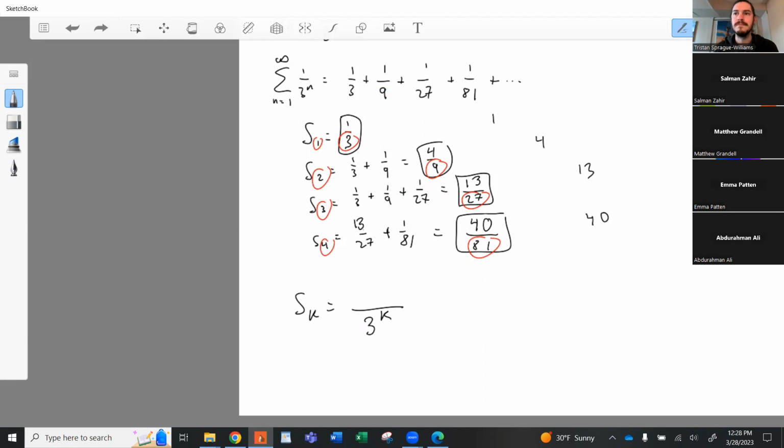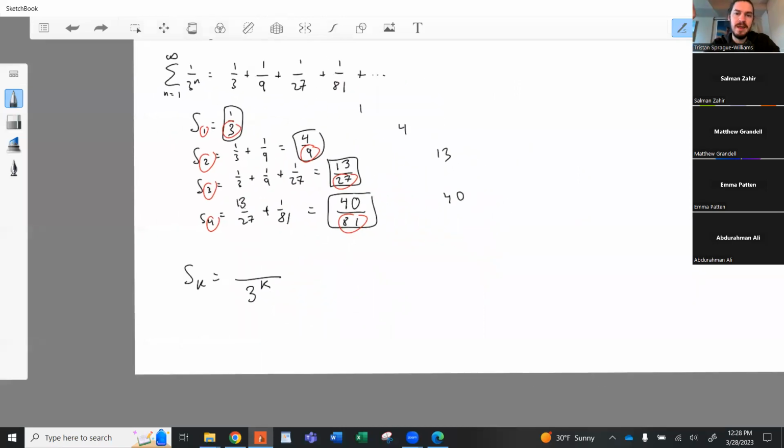Is it 1/2 3 to the k and then a -1? Whoa, where'd you come up with that? Half of 3 to the k and then -1. Well, half of 3 to the k isn't going to work very well because you're going to have a half of a multiple of 3, and that's not going to be an integer anymore.